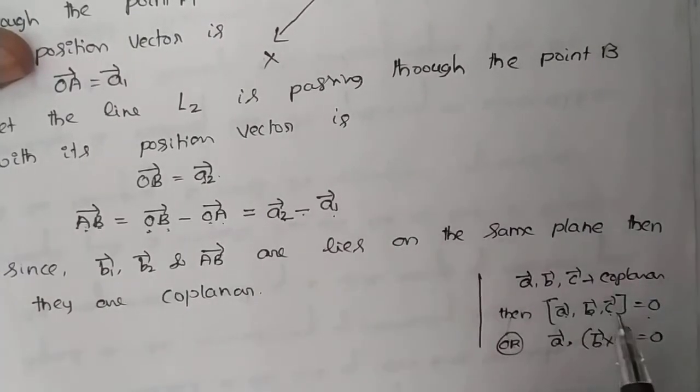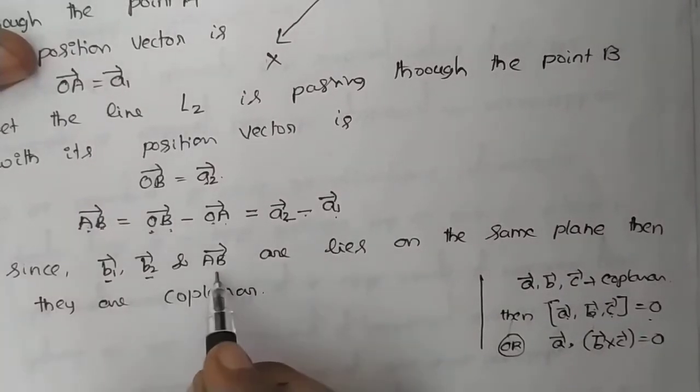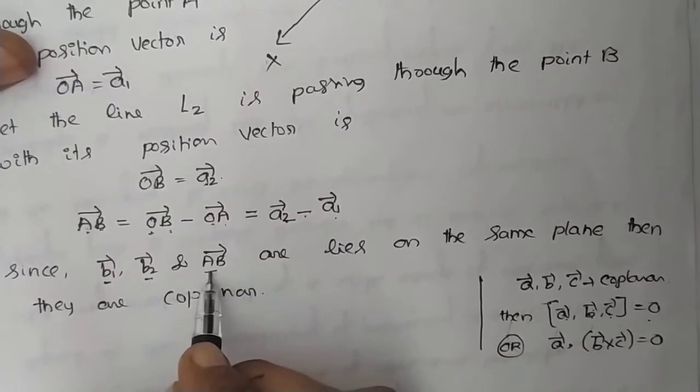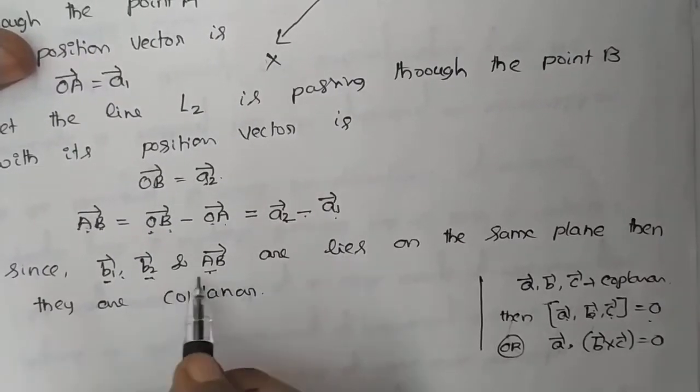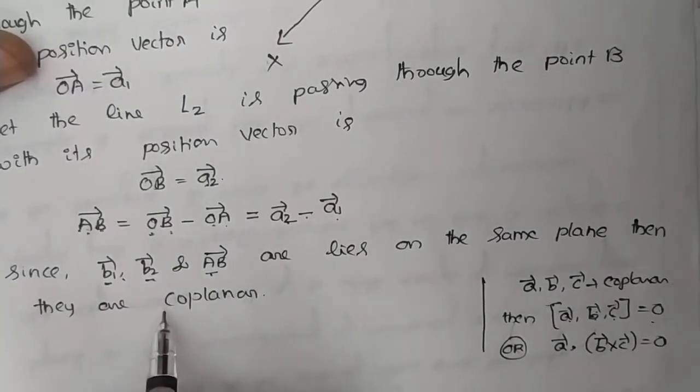Here I am using this point in this derivation. If B1 vector, B2 vector and AB vector are coplanar, then how are you going to write? B1, B2 and AB vectors lie on the same plane, then they are coplanar.